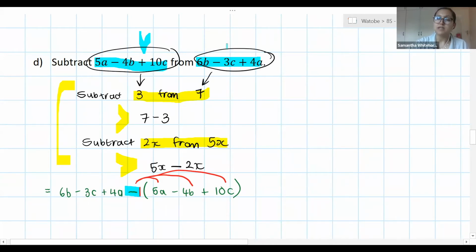So it needs to be the second expression minus the first expression, just based on what the sentence is saying to me. I hope that makes a bit more sense. It is a tricky one because of the words and the language here, but it's telling me to take the first one away from the second one. So it should be the second expression minus the first expression. Good.